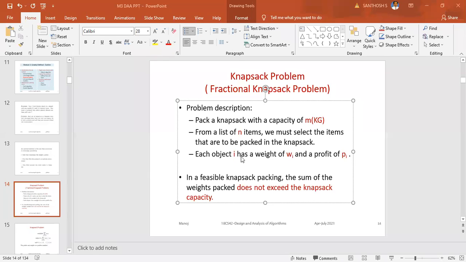Each object has a weight Wi and a profit Pi. How many items are there? N items. What is the capacity of the knapsack? Can anybody tell me?